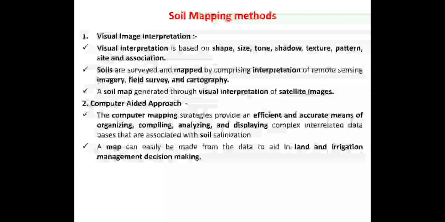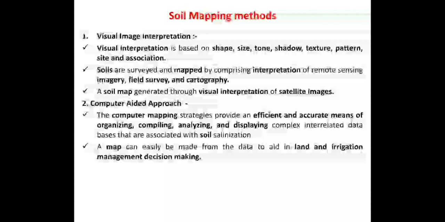In visual image interpretation, different images of the soil are collected as per the spatial distribution or the specific area. Accordingly, the images should be interpreted or manipulated based on shape, size, tone, shadow, texture, pattern, site and association.